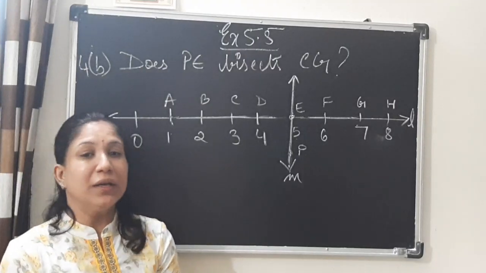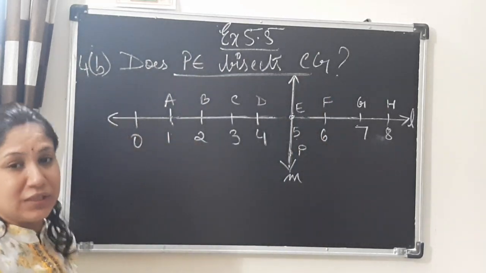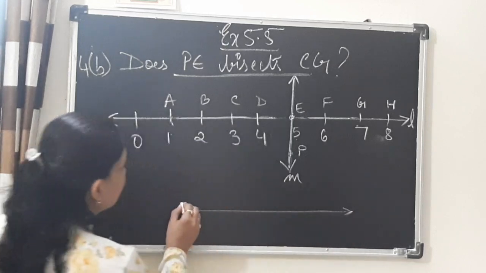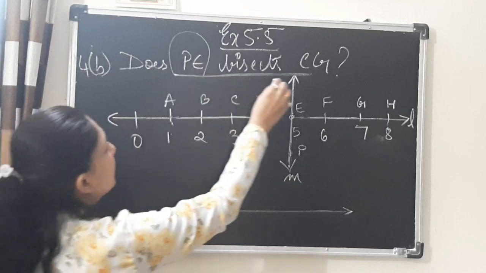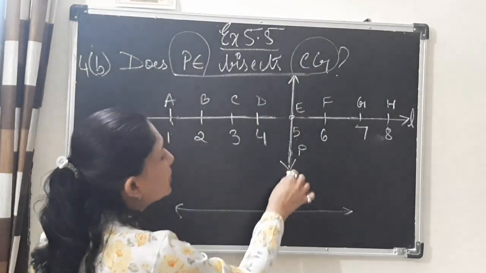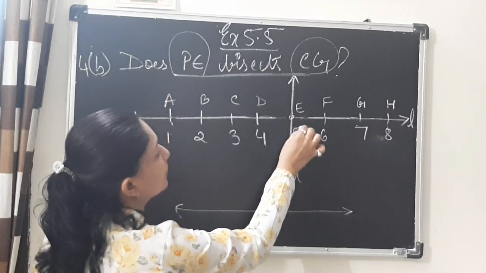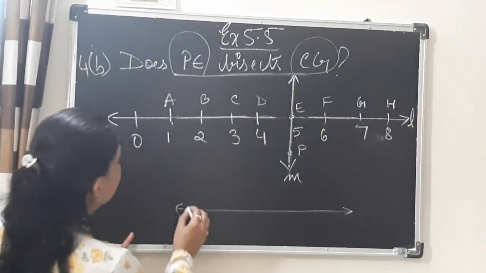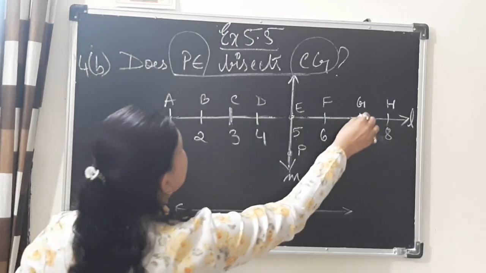See, in the B part it is asked to find out whether PE bisects CG. So from the given figure, I will again redraw this figure and only focus on line segments PE and CG. Where is PE? See, on this line M, there is a point P and here at the fifth number, this point is E. And C is here and G is there.